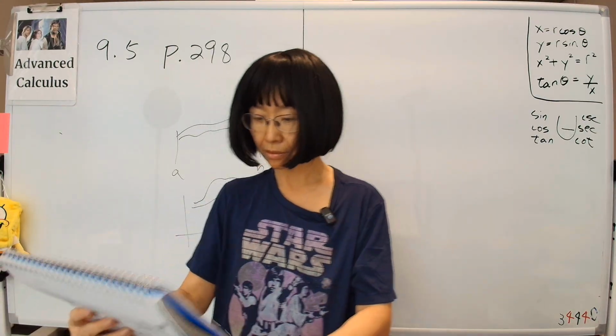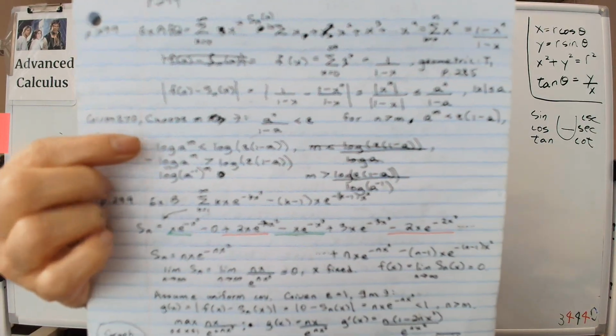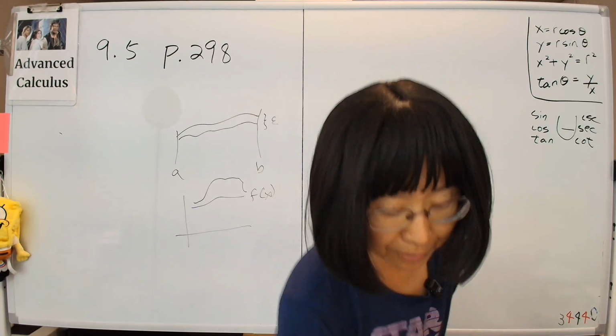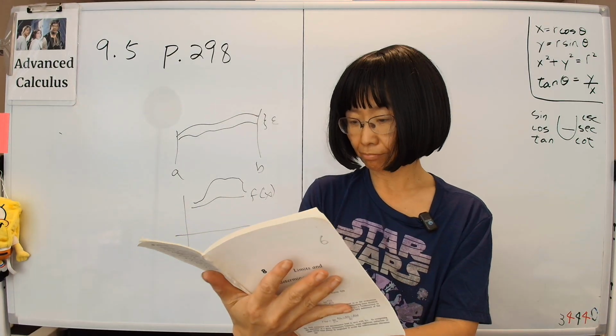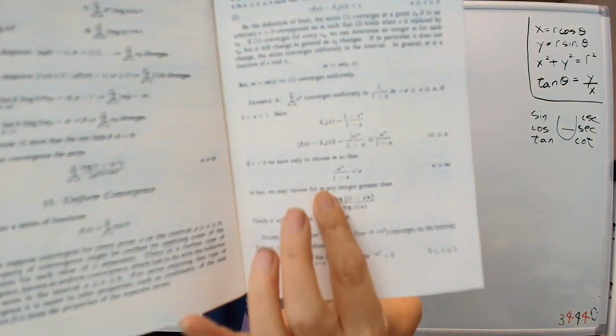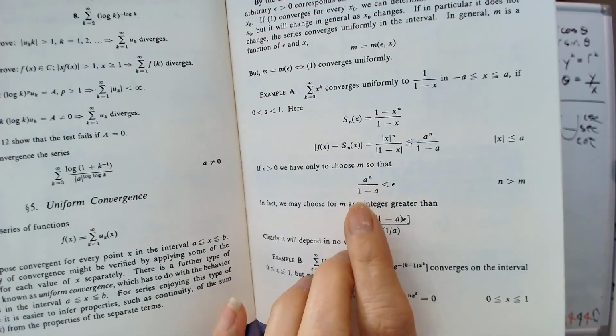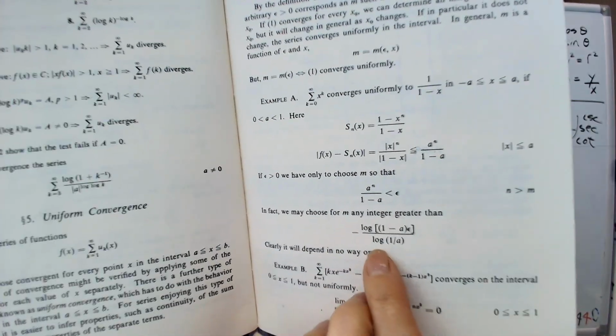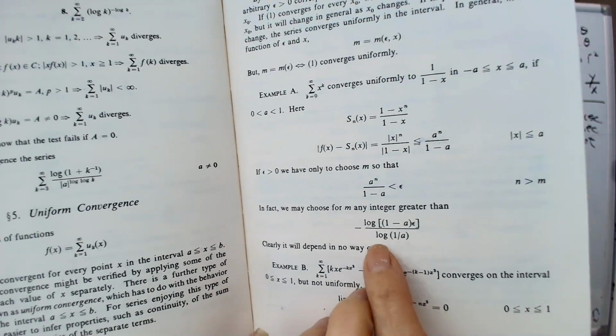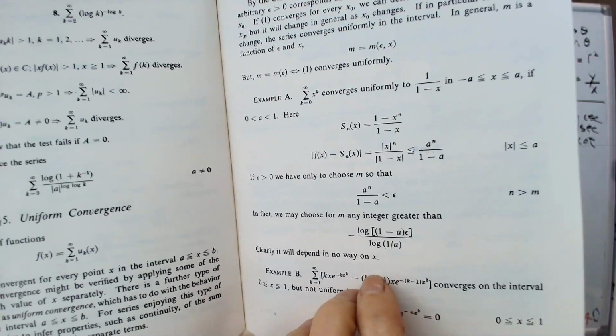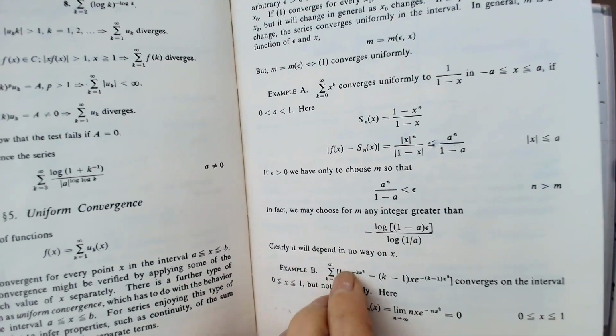So please do this yourself. A small bit of algebra shouldn't take too long, to confirm what the book says. And this is what the book says: to make this thing less than epsilon, we just work on some algebra and figure out that m has to be greater than this value, and then everything will come out.